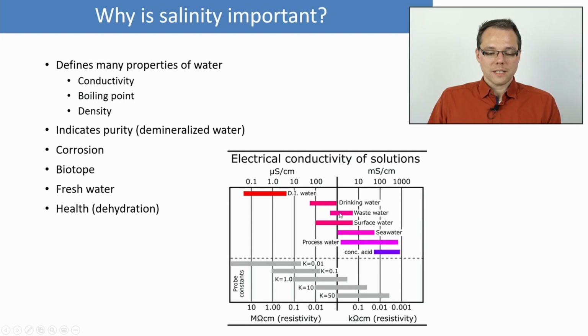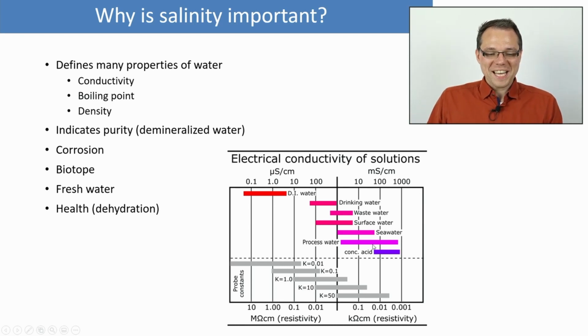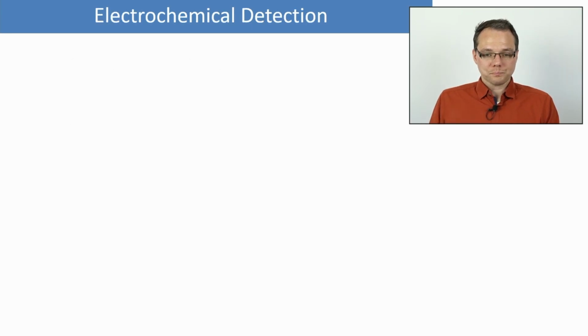And you see that, for example, a lot of industrially used water, like wastewater, is not in that range of drinkable water, right? Concentrated acid as a comparison, and most of you know that you shouldn't drink that. And we have processed water and seawater, just to give you an idea how the conductivity influences what we use water for.